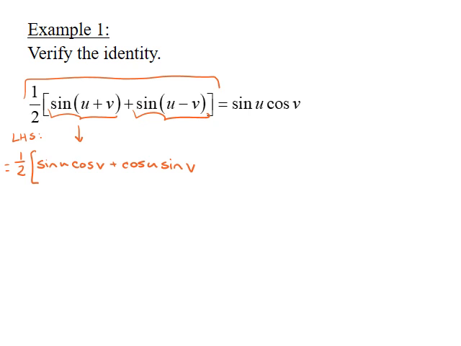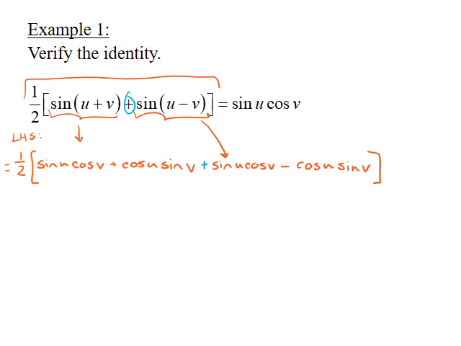And then we have a plus sign. We'll do the second one, which is the difference. So sine of u cosine of v minus cosine of u sine of v.